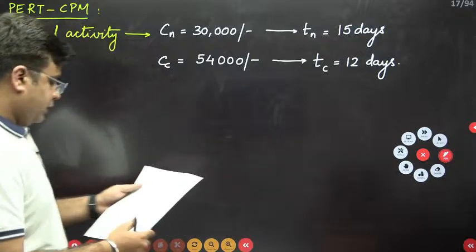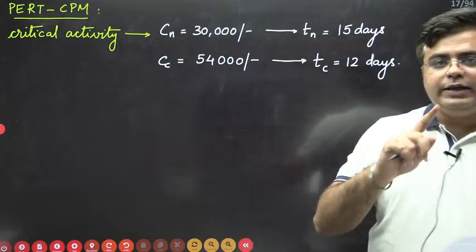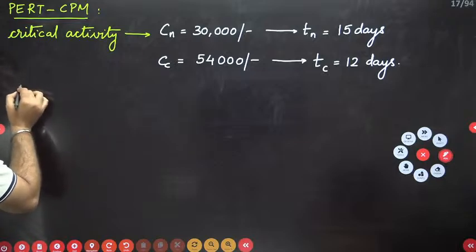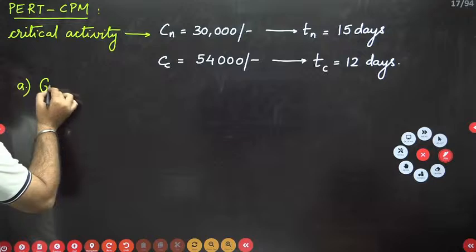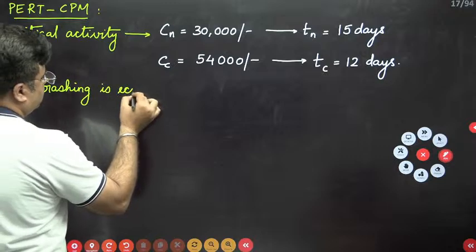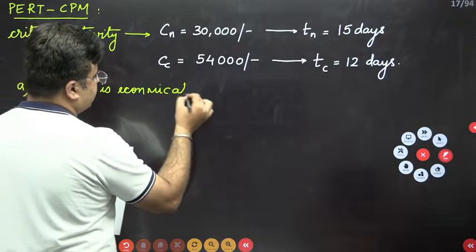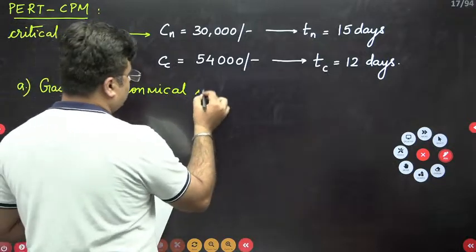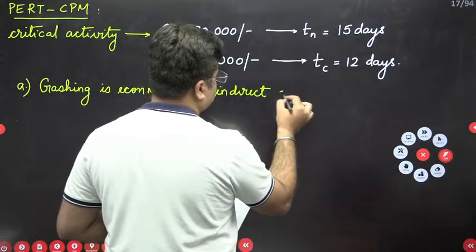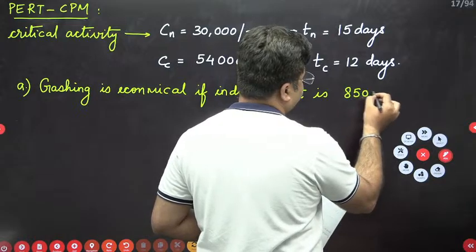Okay. Then they are saying that crashing is advisable economical if the indirect cost is rupees 8,500 per day. So statement A says that crashing is economical if indirect cost is rupees 8,500 per day.